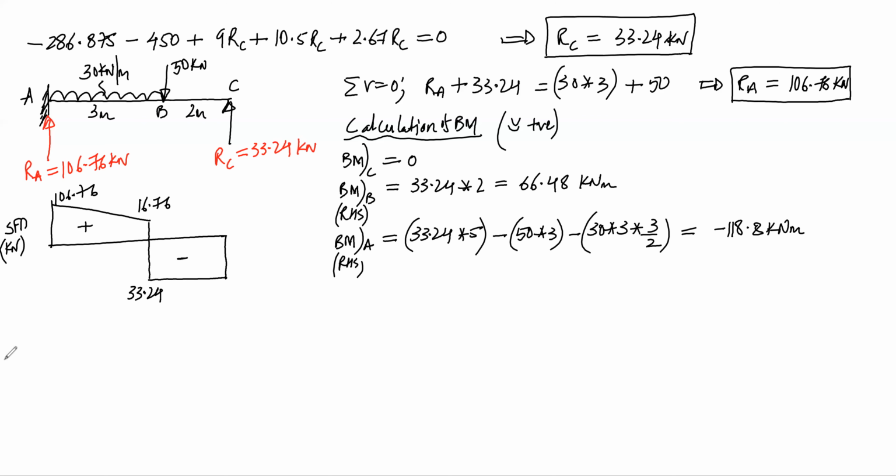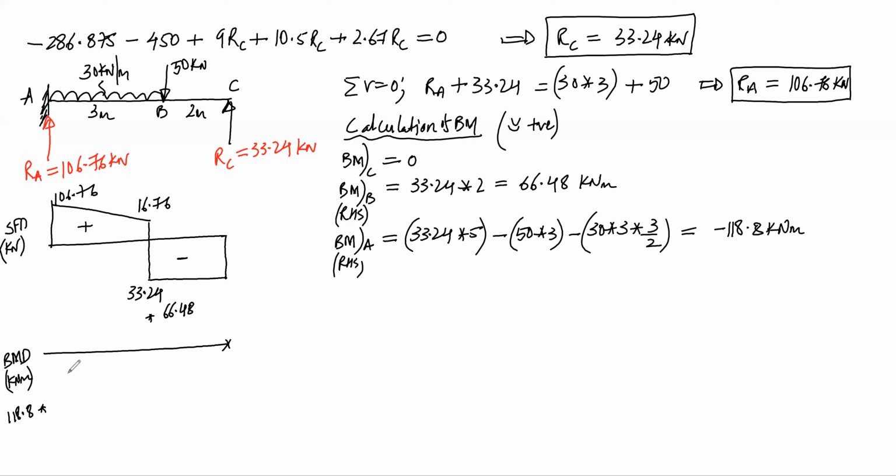Now you can draw bending moment diagram in kilonewton meters. So this is your reference. At point C, it is 0. At point B, it is positive 66.48. And at point A, it is minus 118.8, so it will be in the negative region.